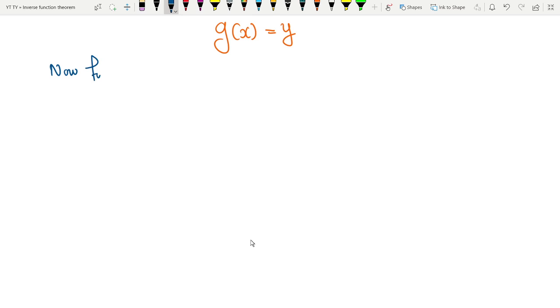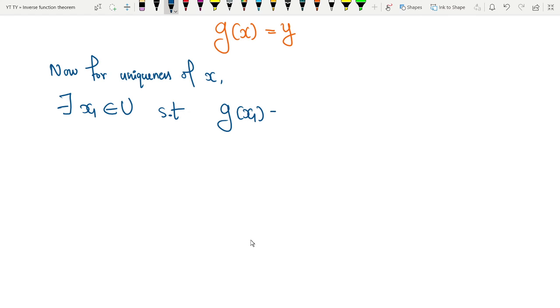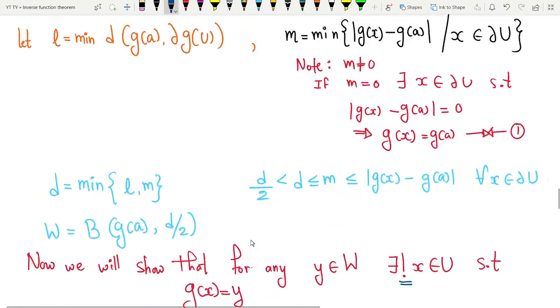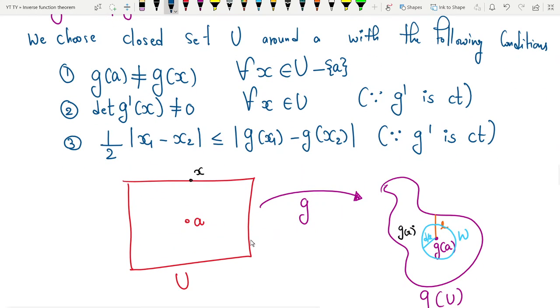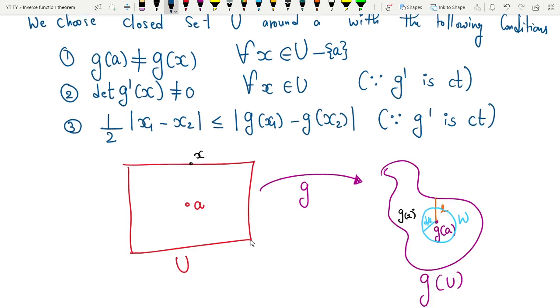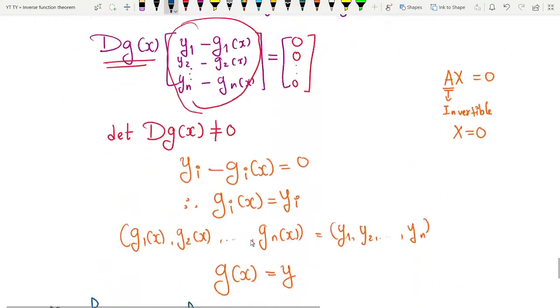For uniqueness of x, suppose there exists some other point x1 inside the interior of U such that g of x1 is also the same as y. Now, while selecting U we had made some condition. By condition 3, half of the norm of x1 minus x2 was less than or equal to the norm of g(x1) minus g(x2).